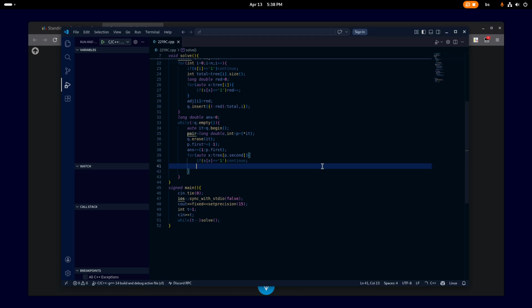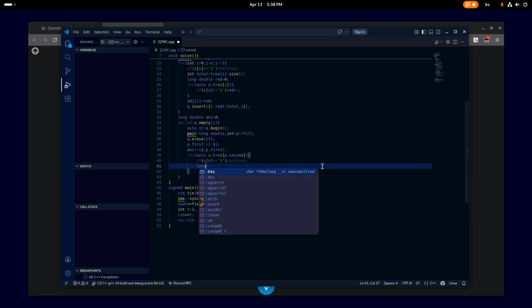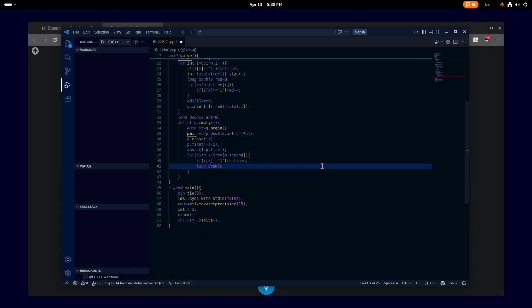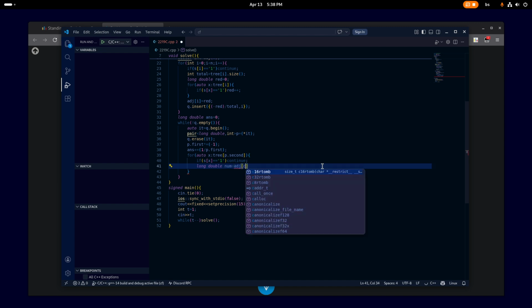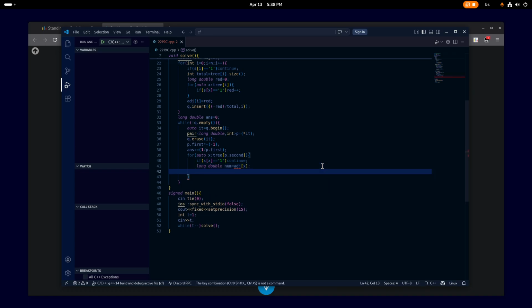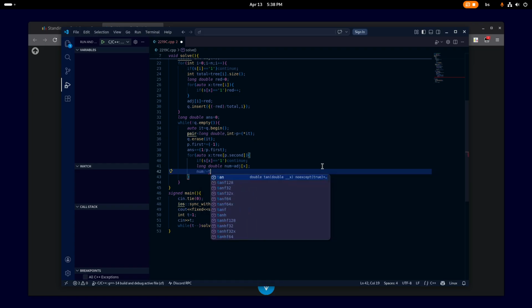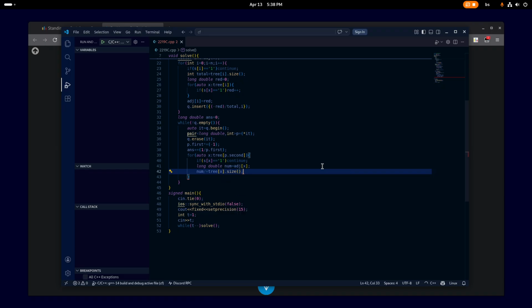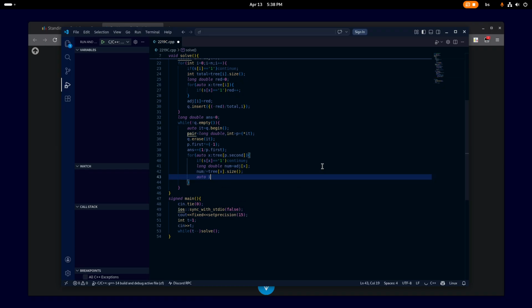If they are black, I will probably do this, and then I'll find the position of it like this.